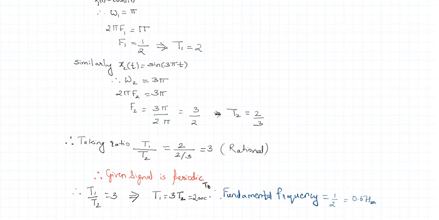If the ratios are rational, you say that the given signal is periodic. If the ratio is irrational, then the given signal is aperiodic. So using the ratio T1 by T2, you further calculate the fundamental period and the fundamental frequency.